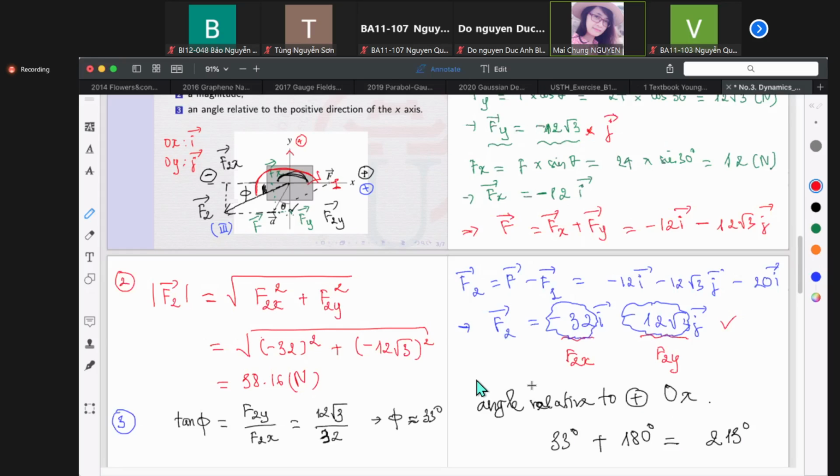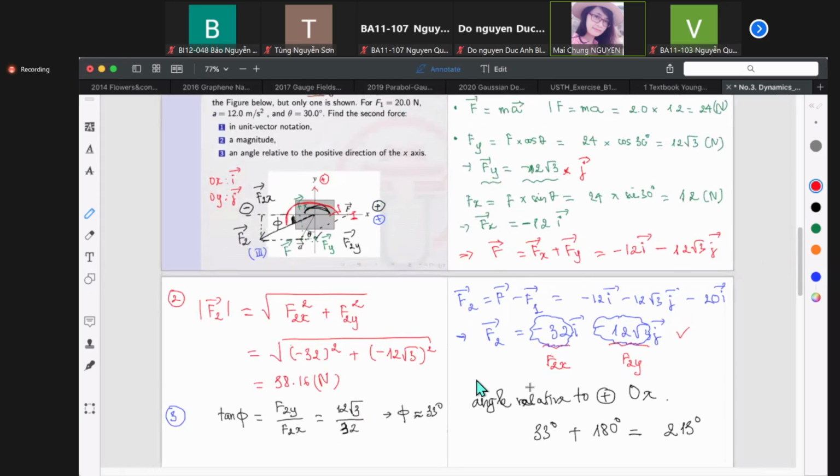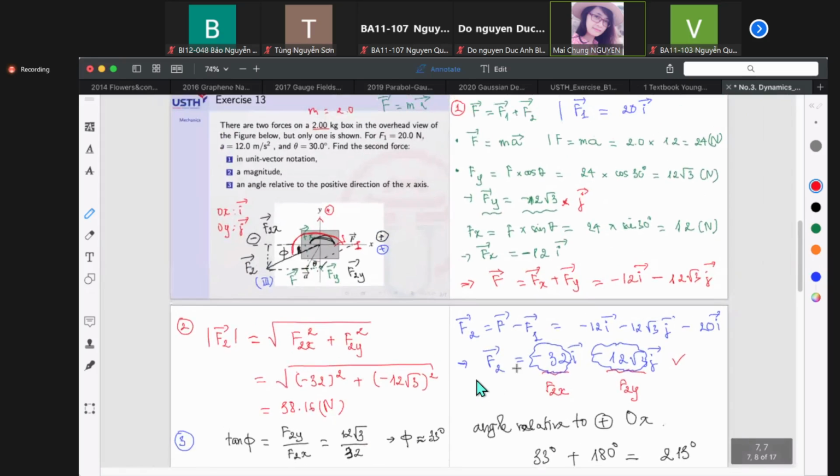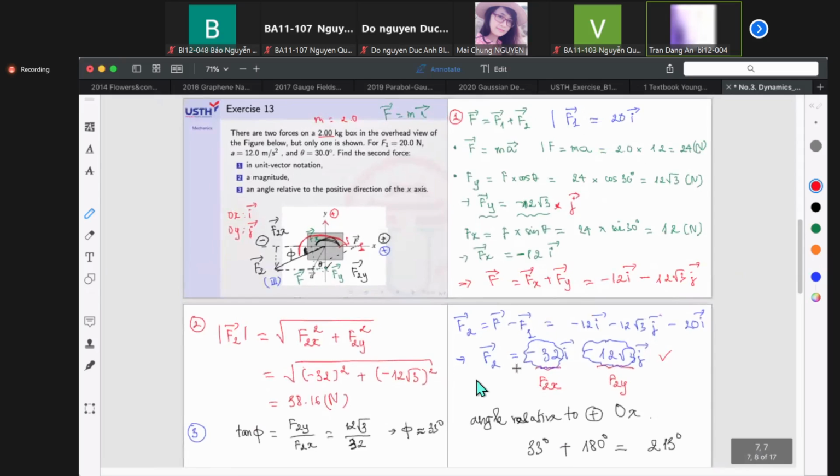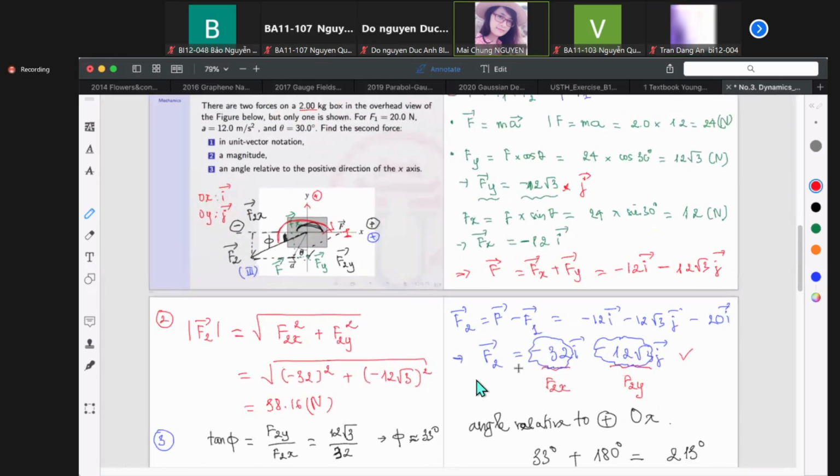So is that all for the first exercise? Excuse me, teacher, why do we have to go anti-clockwise? Okay, guys, let's see if we consider a clock.